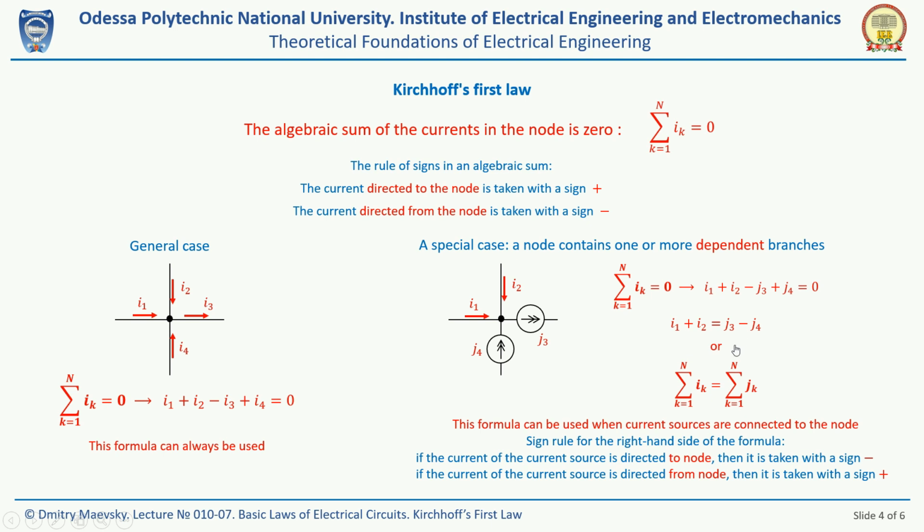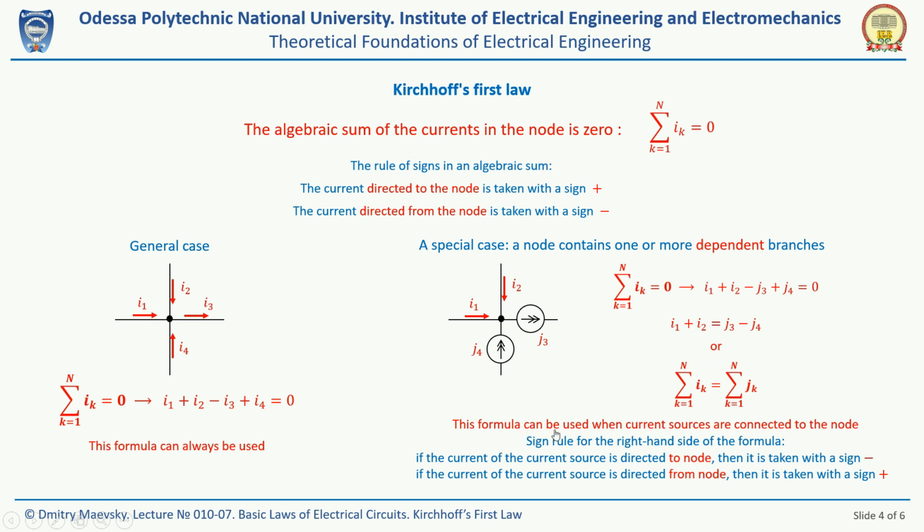In general, this formula can be written as follows. The algebraic sum of currents in the node is equal to the algebraic sum of the currents of current sources in this node. This formulation is a special case of Kirchhoff's first law.